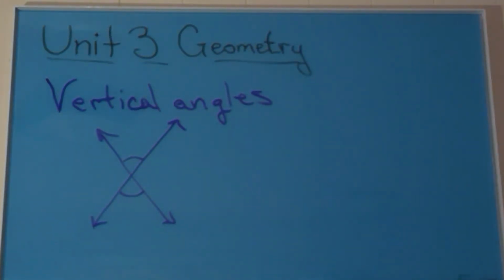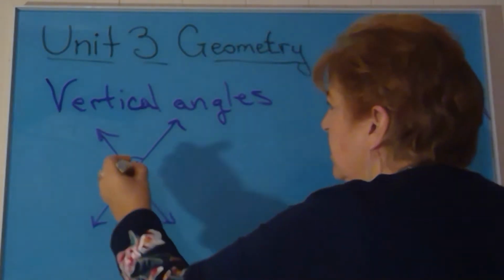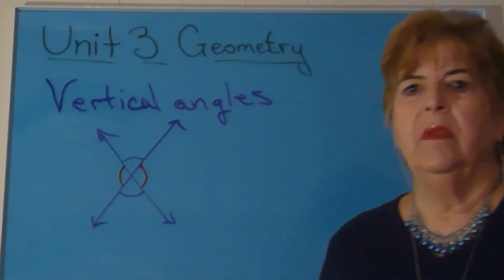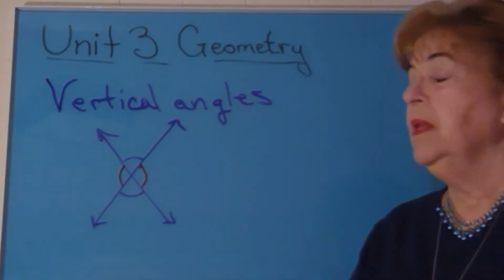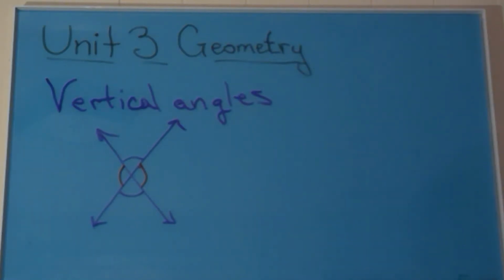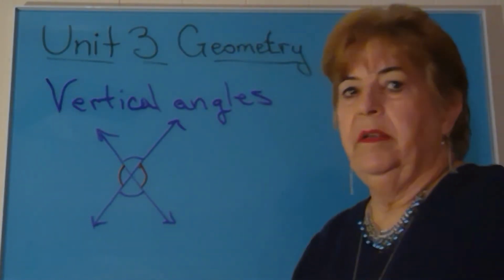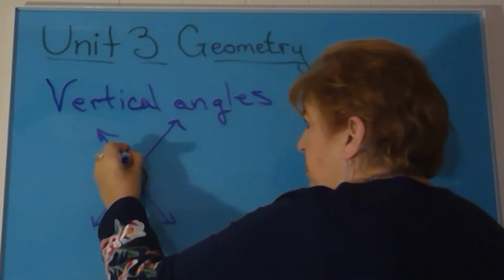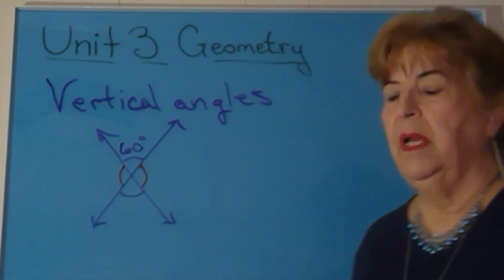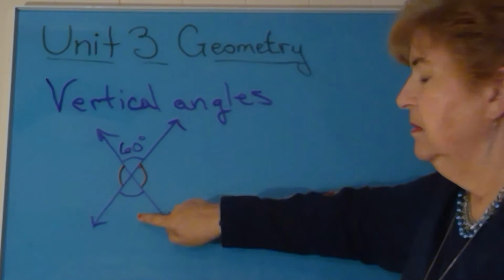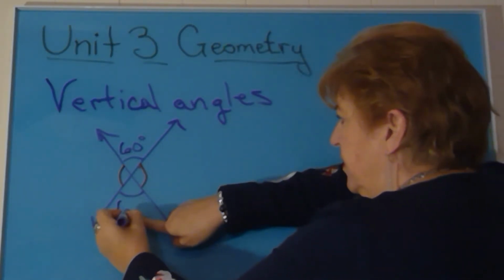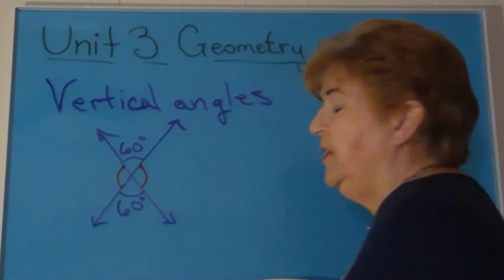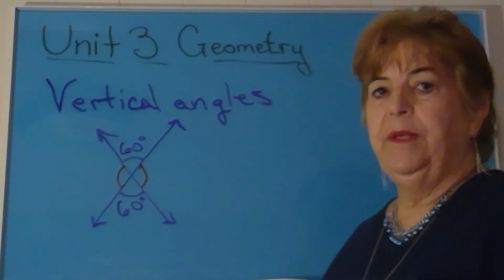And that angle and that angle also form vertical angles. Any pair of vertical angles are equal. So if I knew that this was a 60-degree angle, then the angle vertical to that would also be 60 degrees. The other pair of vertical angles in this diagram are also going to be equal.